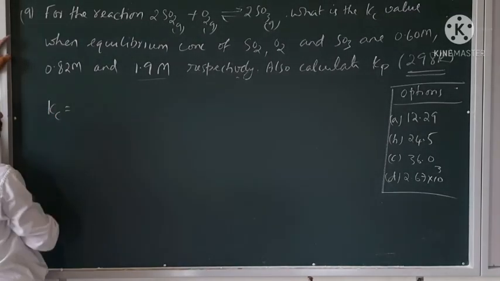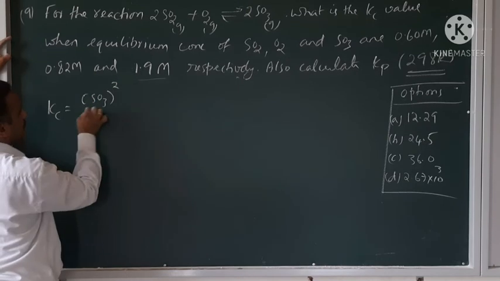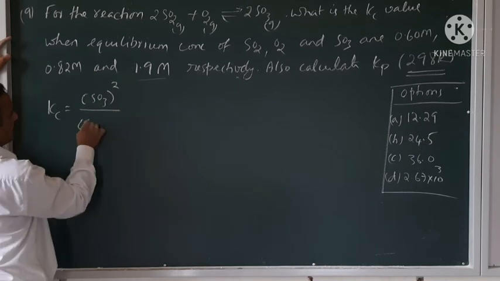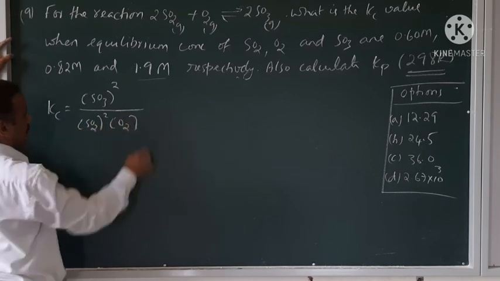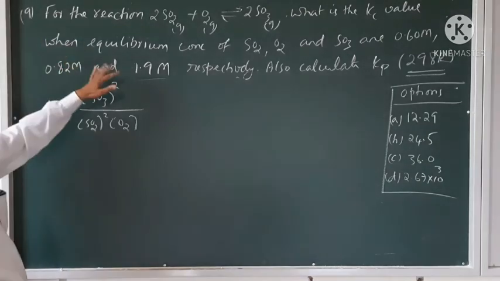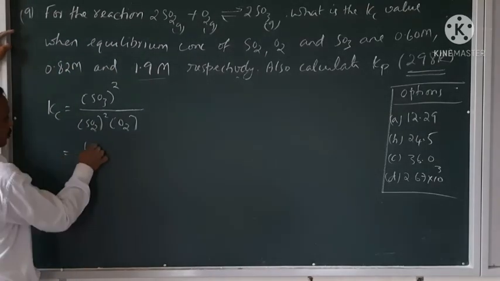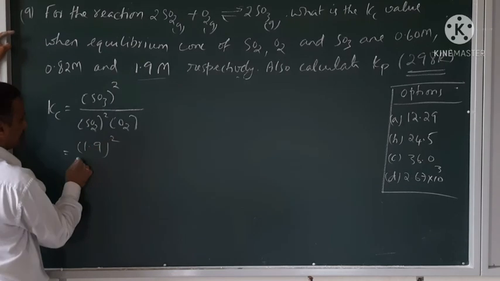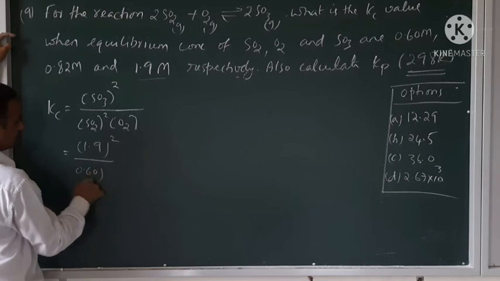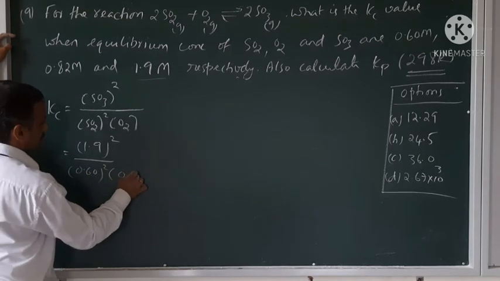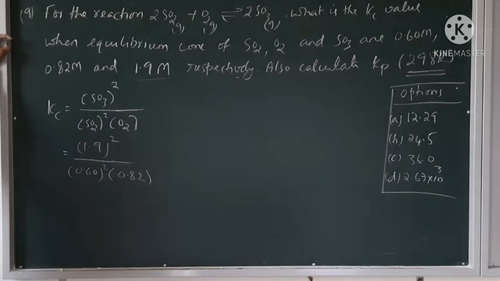Kc is equal to SO3 concentration to the power 2 divided by SO2 concentration to the power 2 into O2 concentration to the power 1. I will not write out the given things since I wrote them previously. SO3 is 1.9 squared, divided by SO2 is 0.60 squared, and 0.82 for the oxygen. Okay.